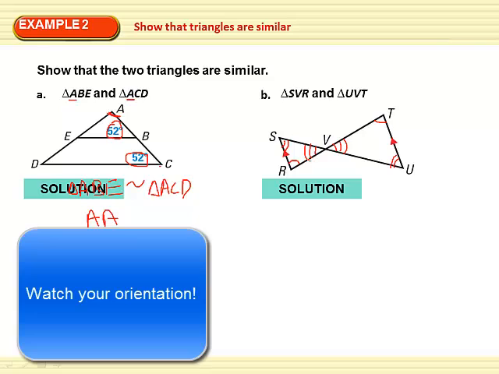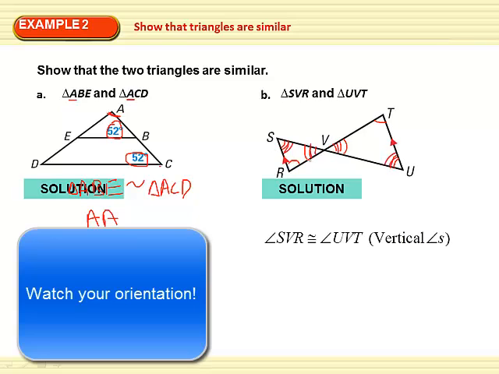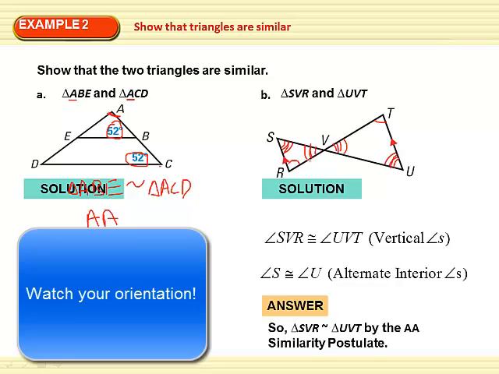There are many ways of doing this, but here's one. Angle SVR is congruent to angle UVT by vertical angles. Angle S is congruent to angle U by alternate interior angles. So the answer is triangle SVR is similar to triangle UVT. Again, the orientation has to be correct, by the angle-angle similarity postulate.